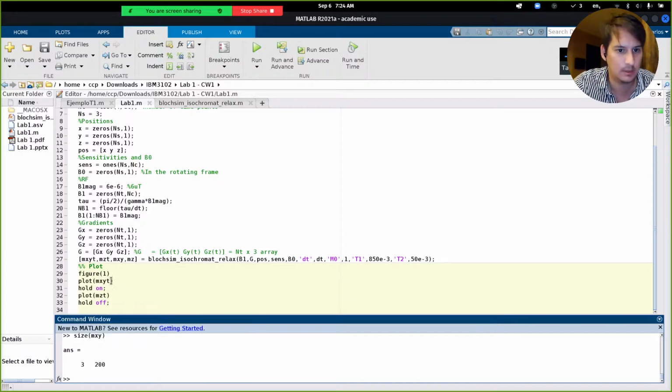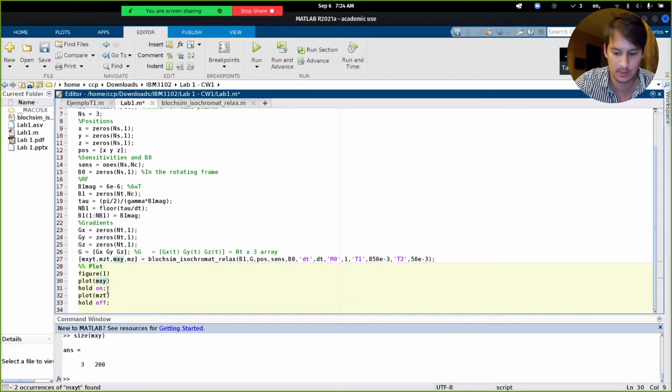I think they are reversed. But now I'm plotting the correct one.